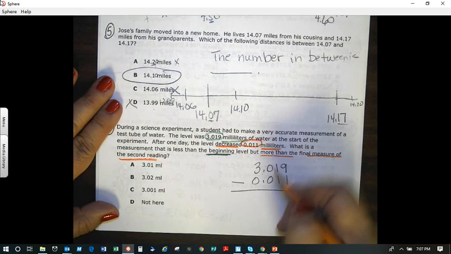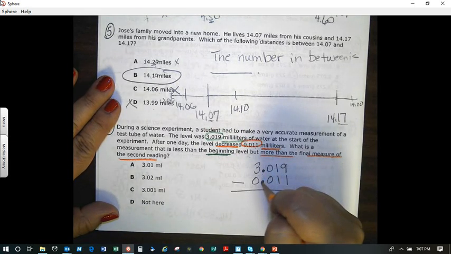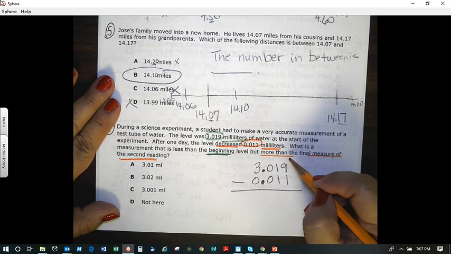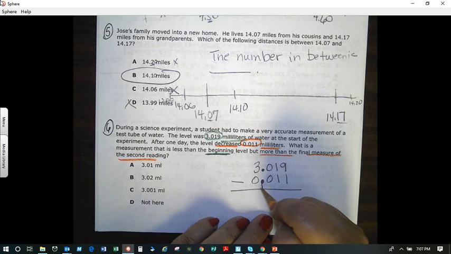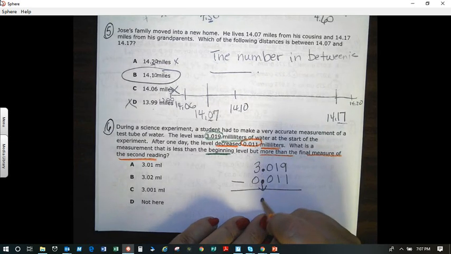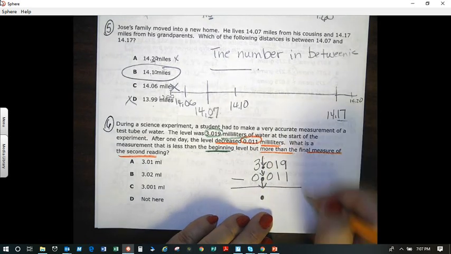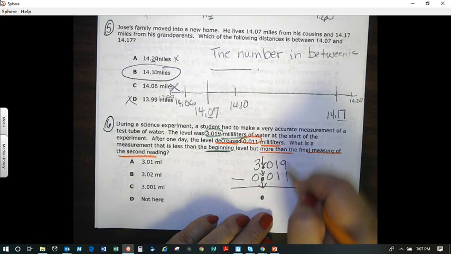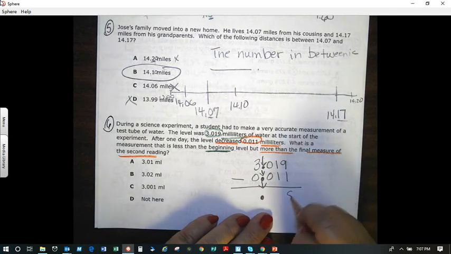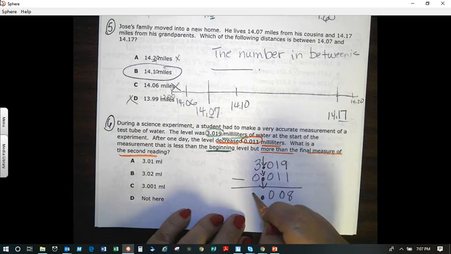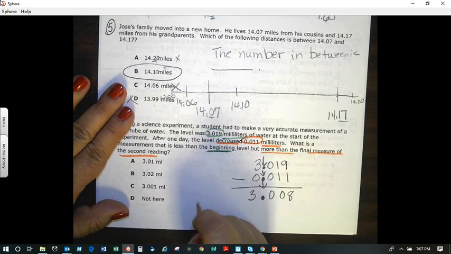Okay, remember to line up your decimals. I only have the ones place. I have the tenths, hundredths, and thousandths. So I'm going to bring down my decimal. See, I'm just bringing everything down. Line that up. 9 minus 1, it's like 9 thousandths minus 1 thousandth. That's 8, 0, 0, and 3. So I'm going to have a beginning.